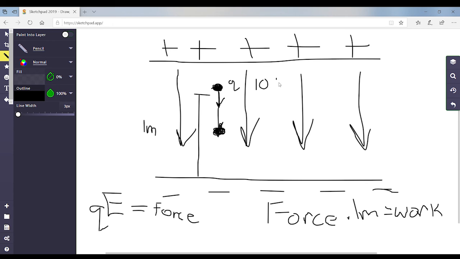Let's say the potential energy was 10 joules, and now the potential energy is 5 joules. How many joules do you think the kinetic energy was? It's going to be 5 joules. Because again, the potential energy at the beginning equals the potential energy at the end plus how much kinetic energy was created in the process.